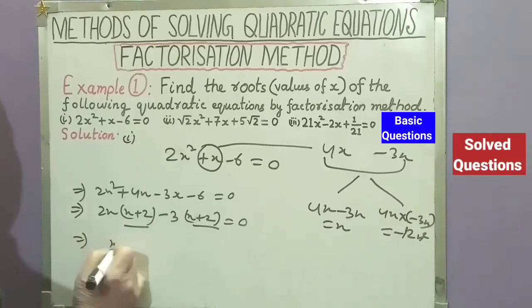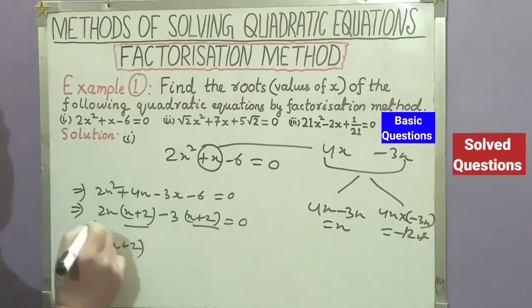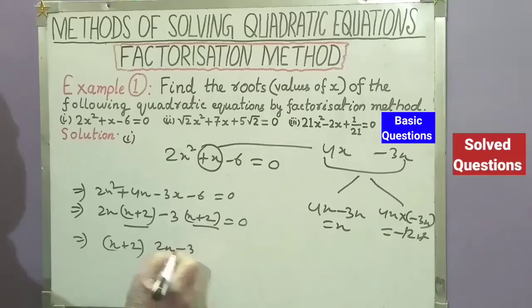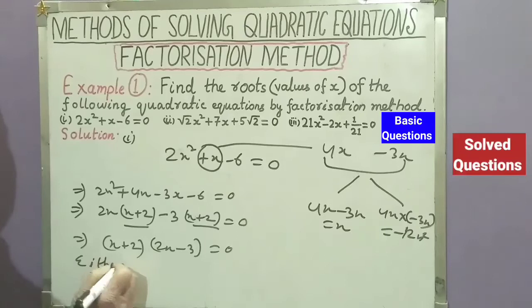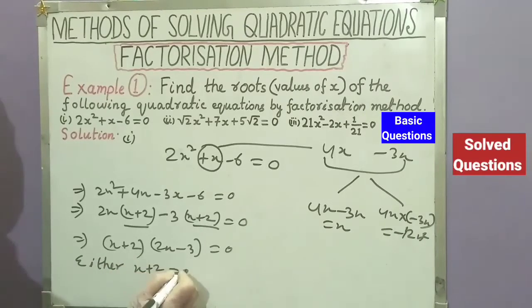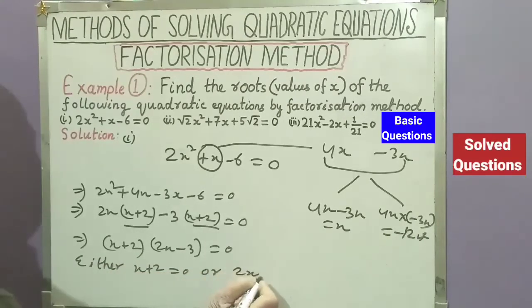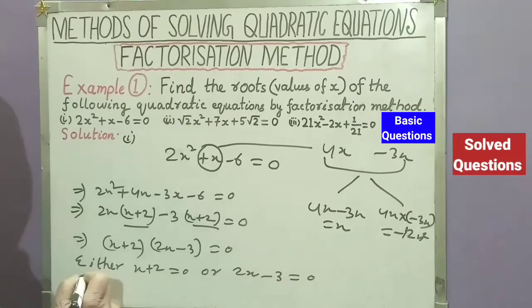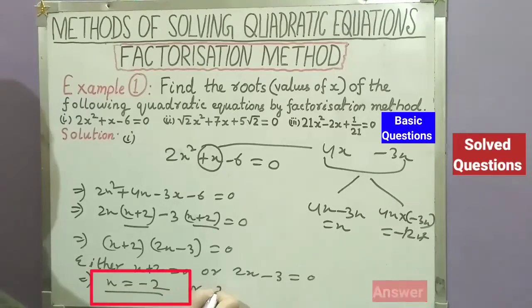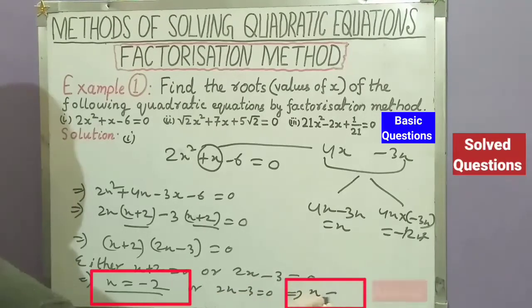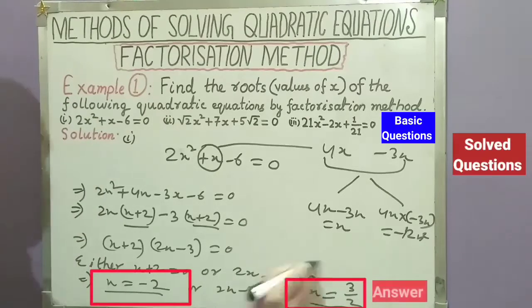Now taking (x + 2) common, we get (x + 2)(2x - 3) = 0. That implies that either x + 2 = 0 or 2x - 3 = 0. That implies that x = -2, that is one value of x, and 2x - 3 = 0 implies that x = 3/2, that is the other value of x.